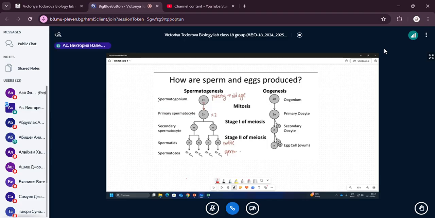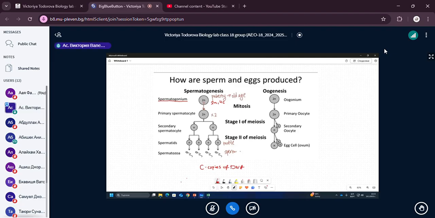Spermatogenesis starts with spermatogonium. These are the first cells. They are diploid with 4C, where C means the copy of DNA.